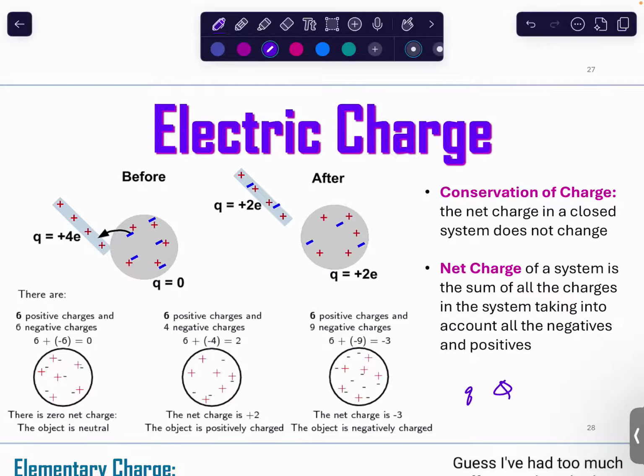Big Q is usually the entire charge of a system. Net charge, if you remember back to chemistry, you can think of your oxidation numbers. When you add those all together, whatever you end up with, that's the charge of your ion or your system. Same thing applies here. You can add together all your pluses, all your minuses, and get the total charge of the system.